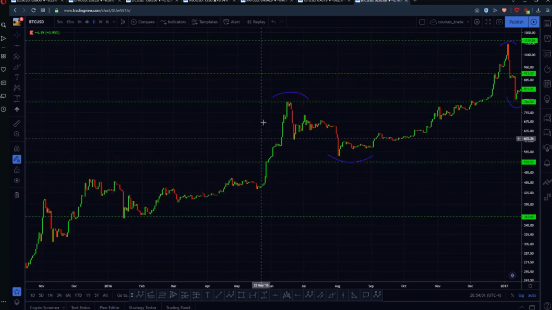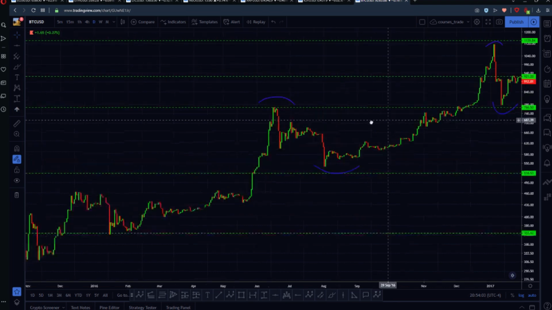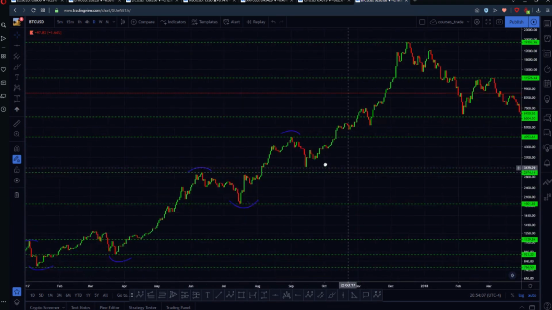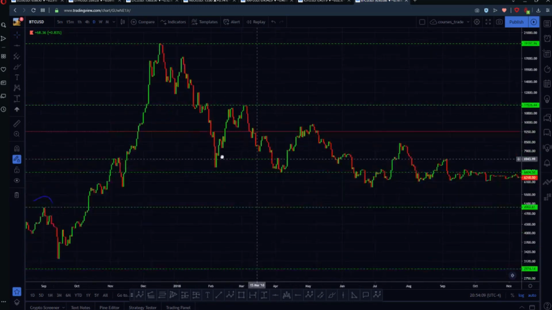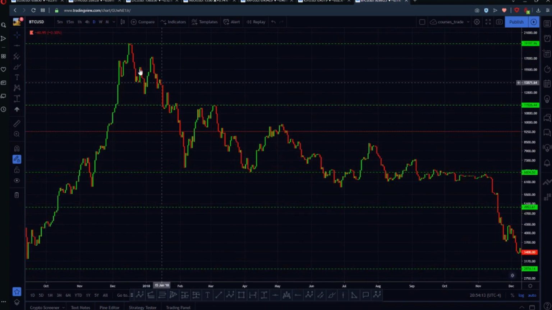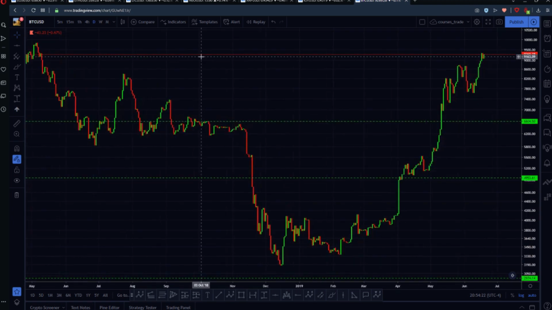Now we are in June 2019, and we had this brutal change of direction in December 2017. You can expect this to be a resistance on the way up here.